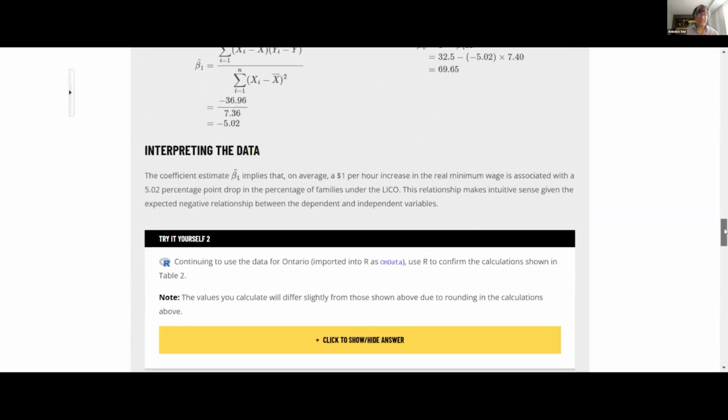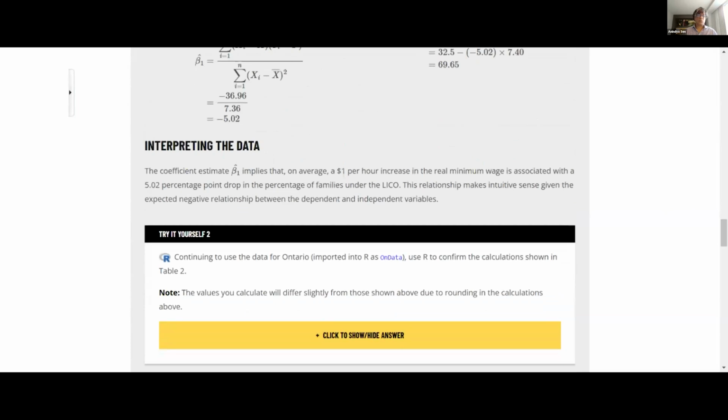The way to interpret this is that the coefficient estimate beta 1 hat implies, on average, and I say on average because your results are based on many observations, different provinces for different years, that a $1 per hour increase in the minimum wage is associated, you could say correlated also, with roughly a 5 percentage point drop in the percentage of families under the low income cutoff, right?